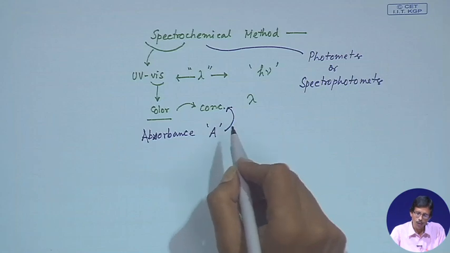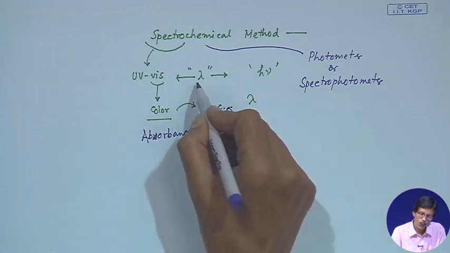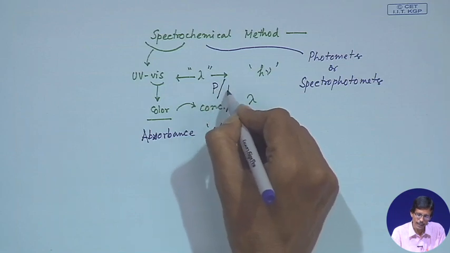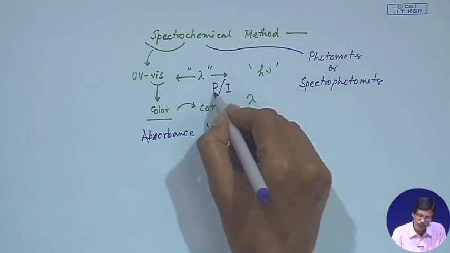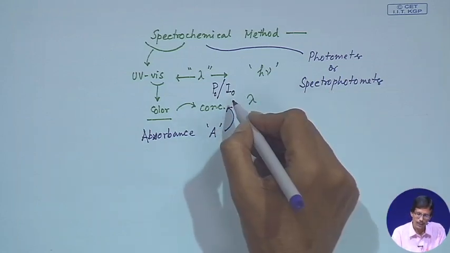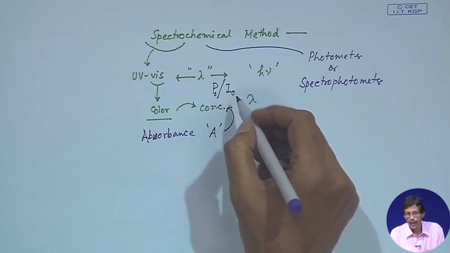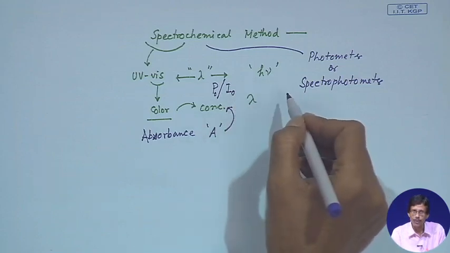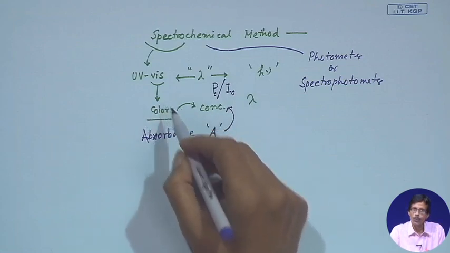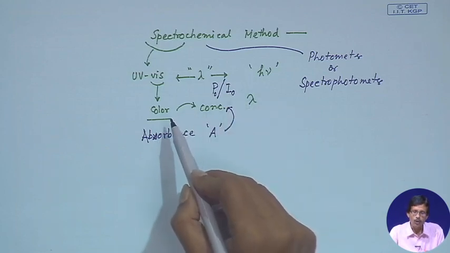Now we will see how the absorbance of a particular solution is related to the wavelength falling on the solution, that means the power or intensity P or I. When it is falling on the solution, we consider it as P0 or I0, the intensity of the light falling on the solution, causing some amount of that light to be absorbed. The amount of absorption is directly related to the concentration of the species to be analyzed present in the solution, and also the color intensity.